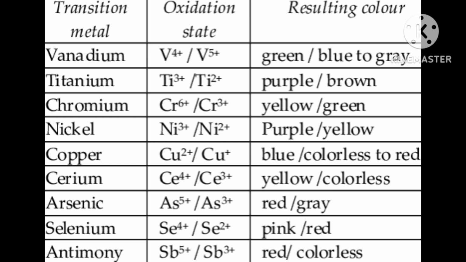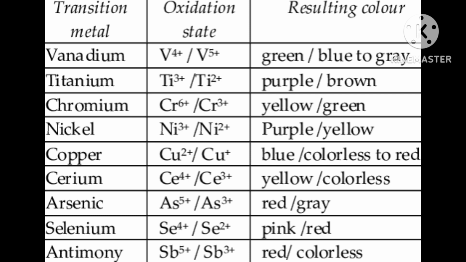The magnetic moment mu is equal to under root n(n+2), that is under root 5 into (5 plus 2), means 7 into 5, 35. What is the square root of 35?